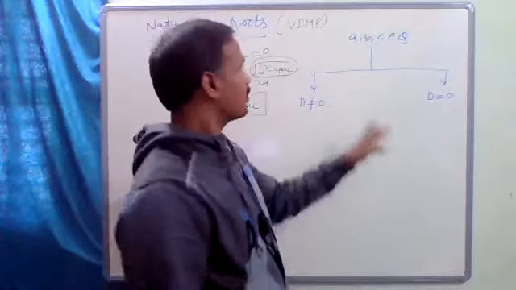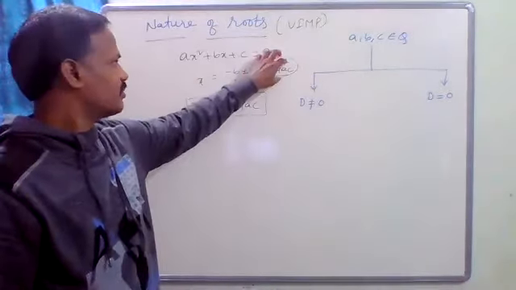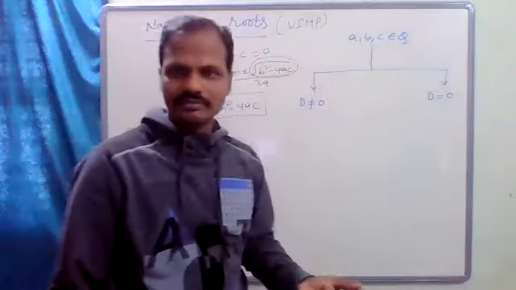If discriminant is 0, there are two rational roots, each equal to minus b by 2a.